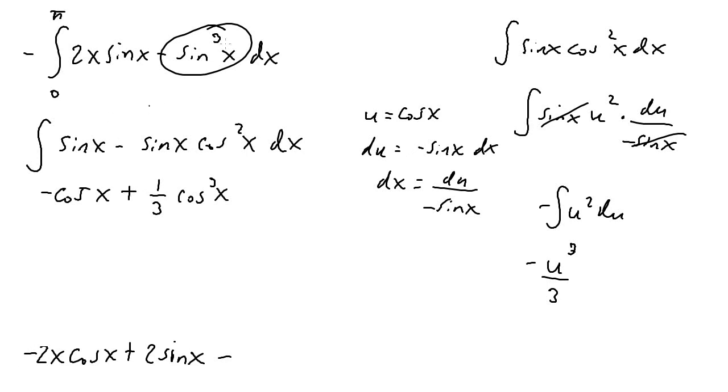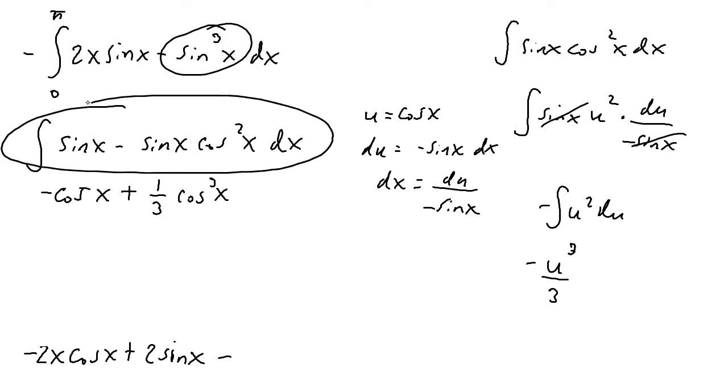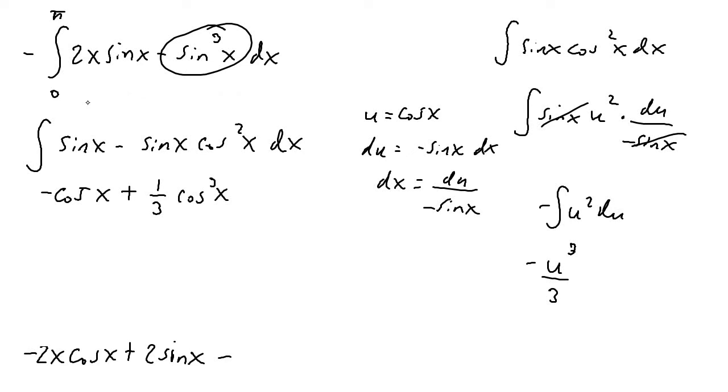So now the integral of this entire thing, sine cubed of x, was the integral of sine x minus sine x cosine squared, which we have found to be negative cosine x plus 1/3 cosine cubed x. So now we have minus, there's a minus there, and then what we found for the integral, which was negative cosine x plus 1/3 cosine cubed of x.